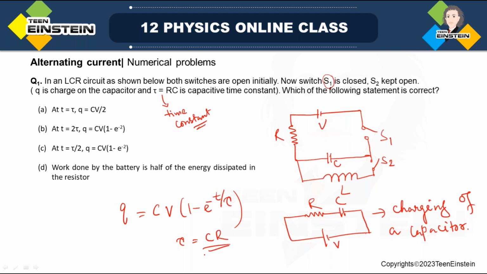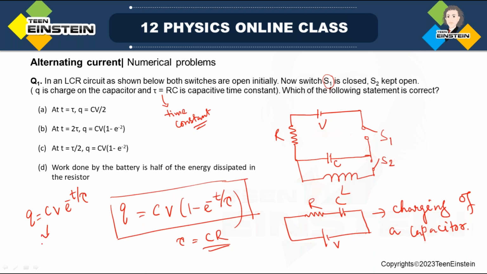Tau is the capacitive time constant as it is given. This is the equation which you need to remember during charging. And during discharging, it will be Q equal to CV into e to the power minus t by tau. This is the equation for discharging, and while charging, this is the equation.